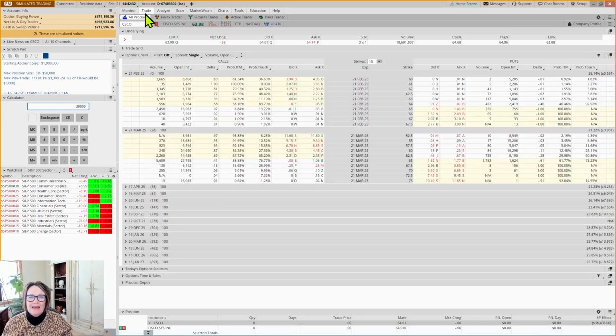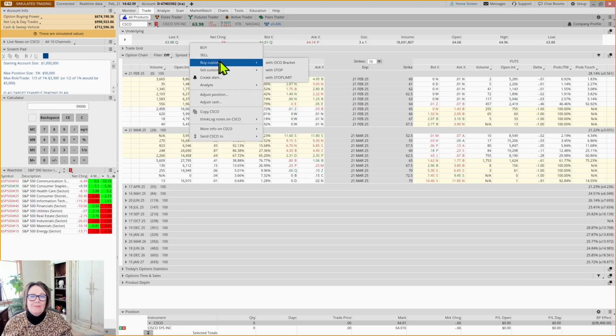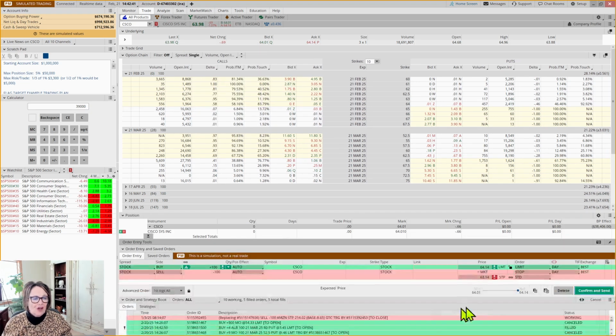And how we would put that in: we would come to the trade tab, right click, and buy custom with a stop. We'd put our stop in at that 59.70 mark. We would make our entry a conditional order. We're going to make both of these good till canceled.